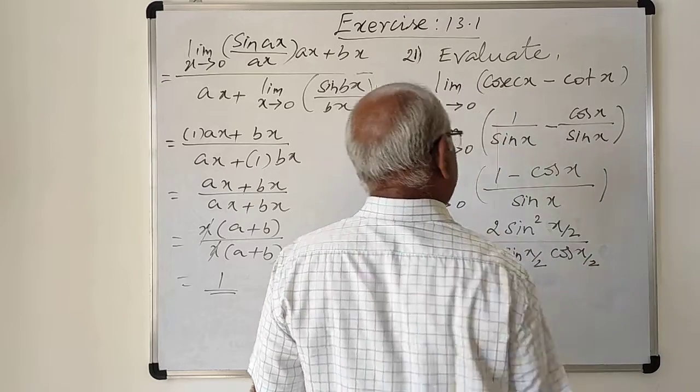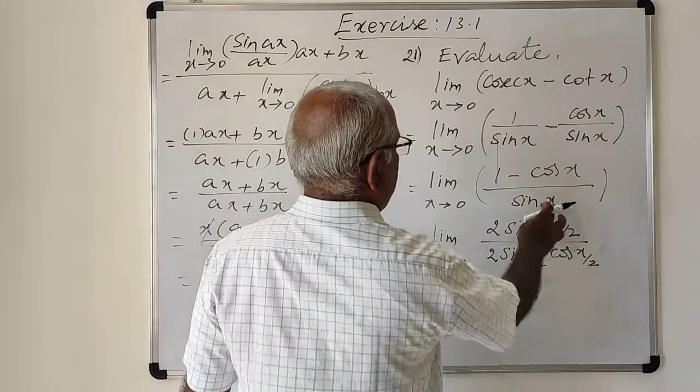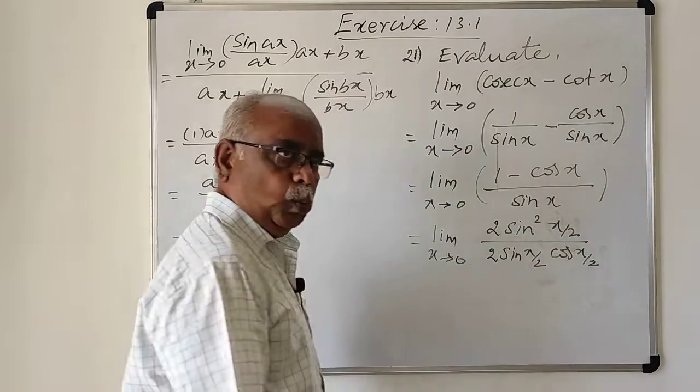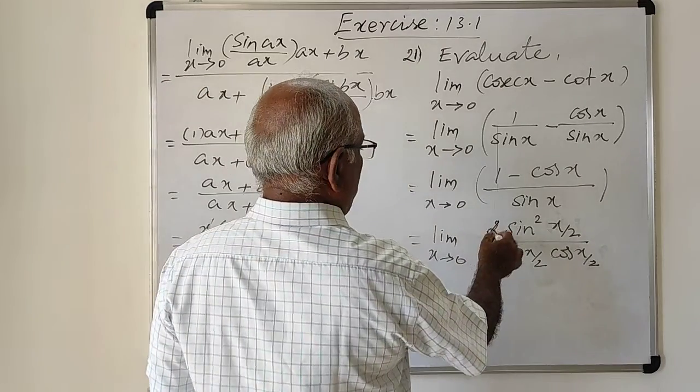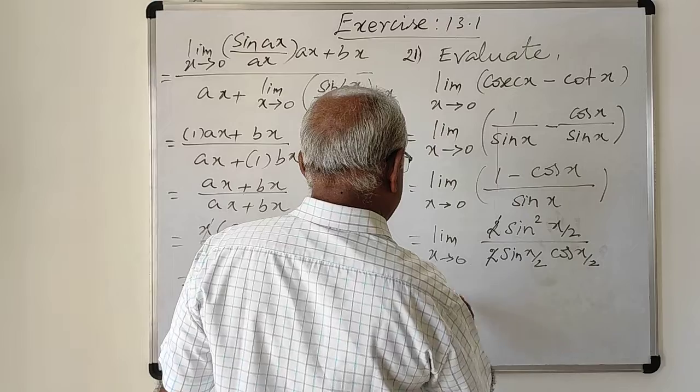Half angle formula: 1 minus cos x is 2 sin square x by 2. Sin 2x is 2 sin x cos x, so similarly sin x is 2 sin x by 2 cos x by 2. Both the 2 in the numerator and denominator cancel, and one sin x by 2 is also cancelled.